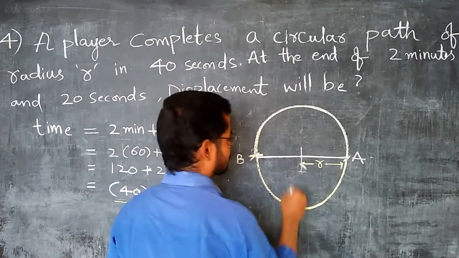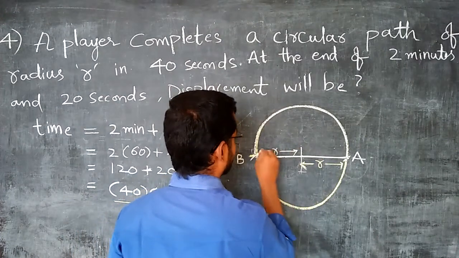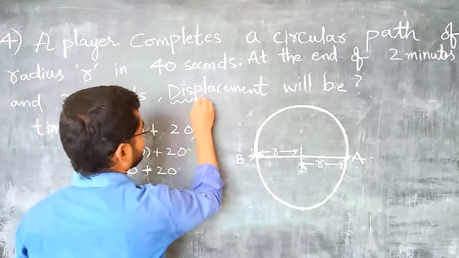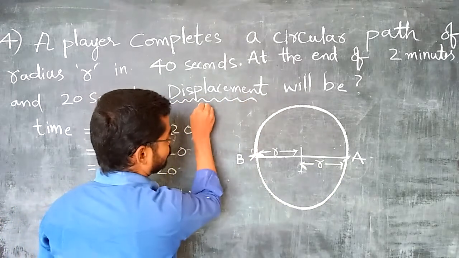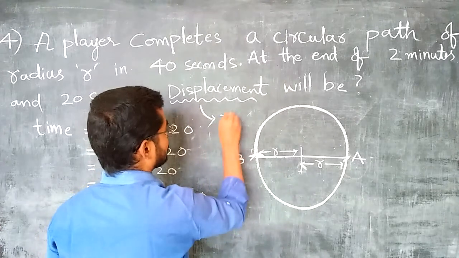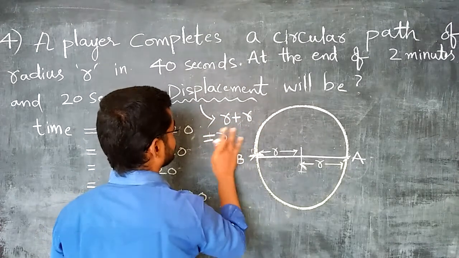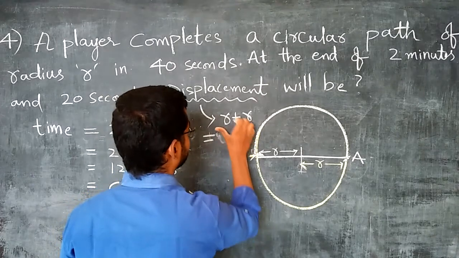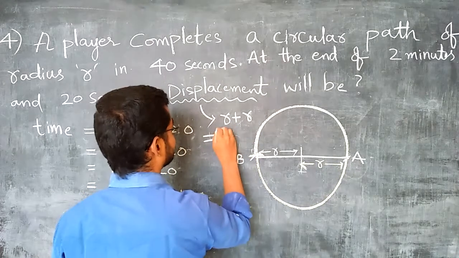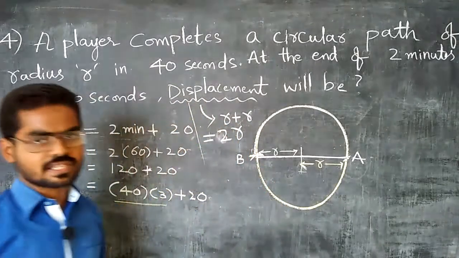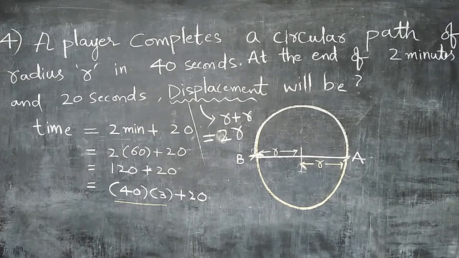This is R. This is also R. R plus R is equal to 2R. So the displacement covered is 2R.